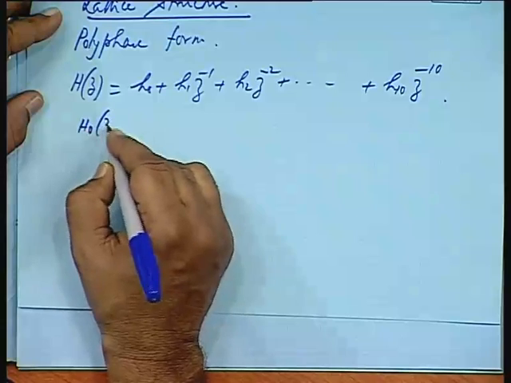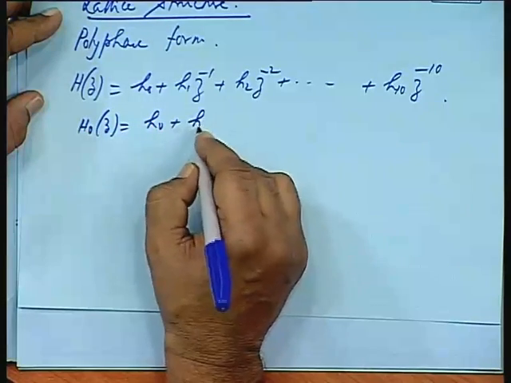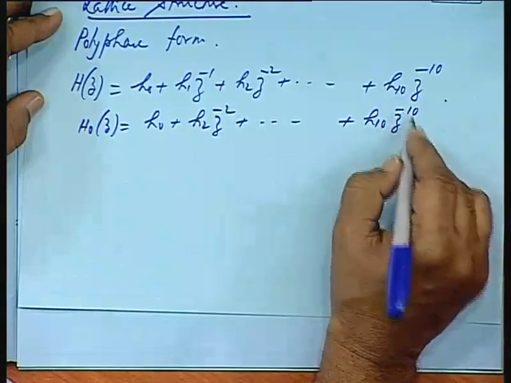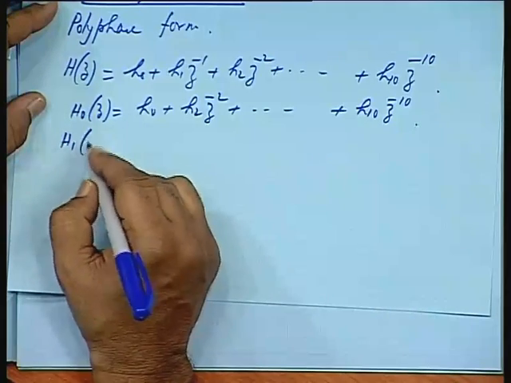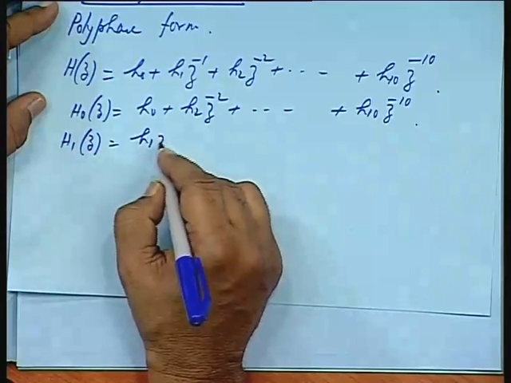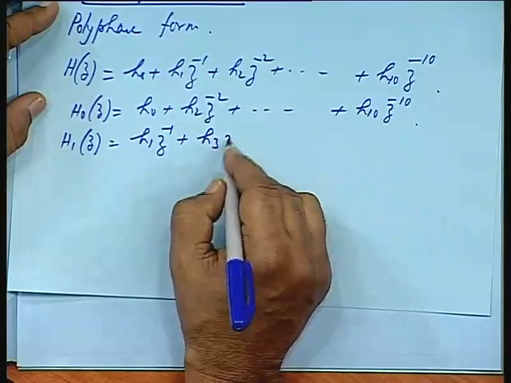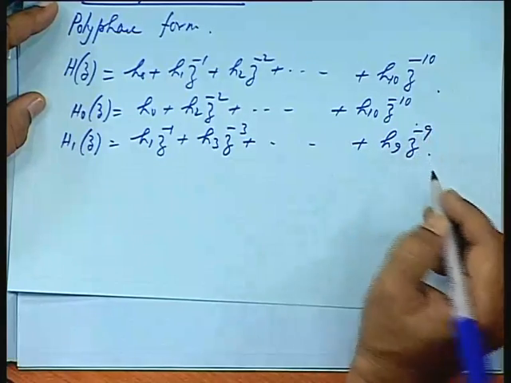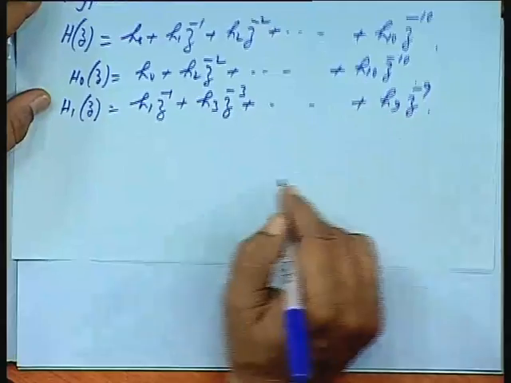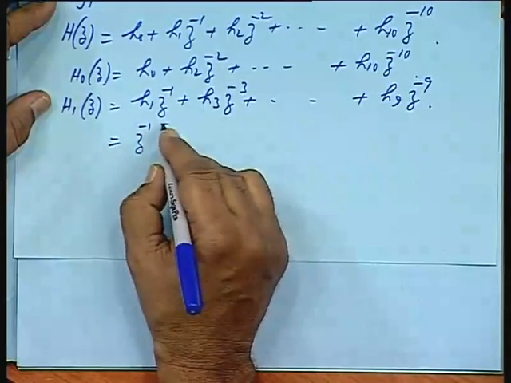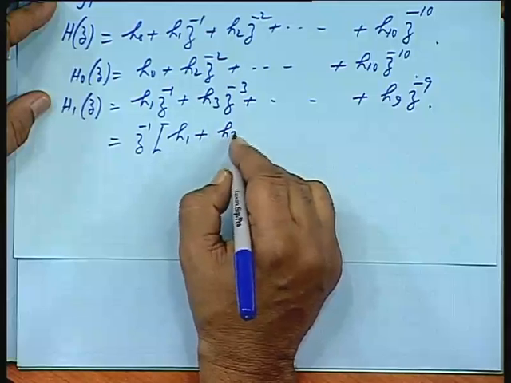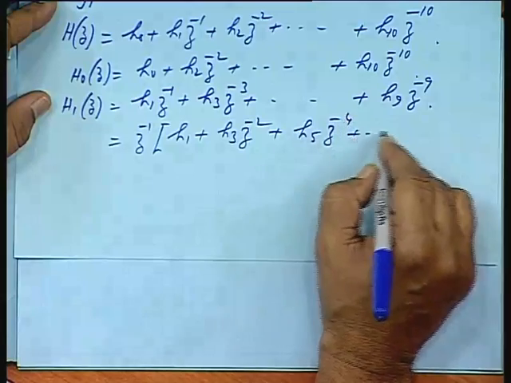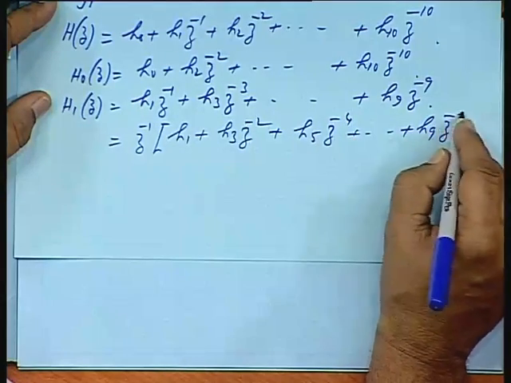I call it H0(z), and H1(z), one may write like this, up to H9 z to the power minus 8. Okay.